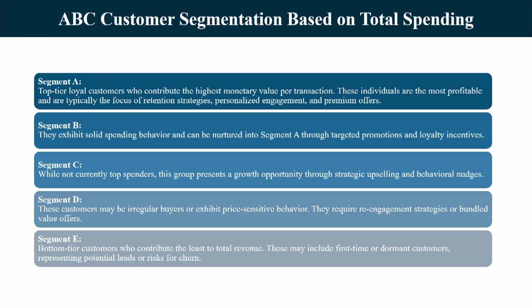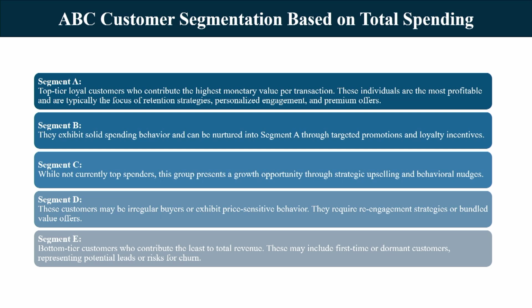We can nurture them into A with targeted promotions, loyalty incentives and personalized communication. Segment C is the middle tier. Growth can be achieved via upselling and behavioral nudges. By nudges, we mean reminding the customers of the benefits associated with the product.